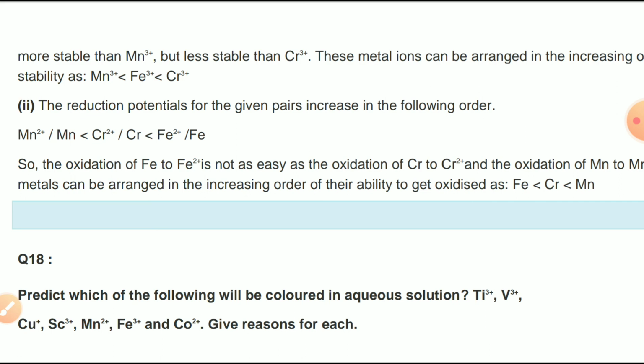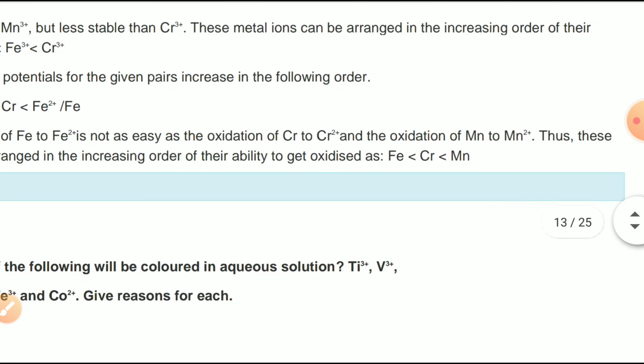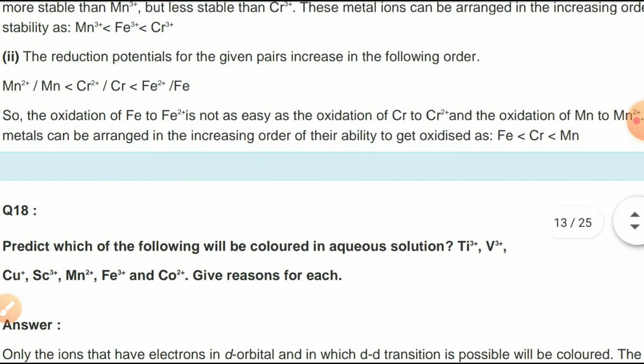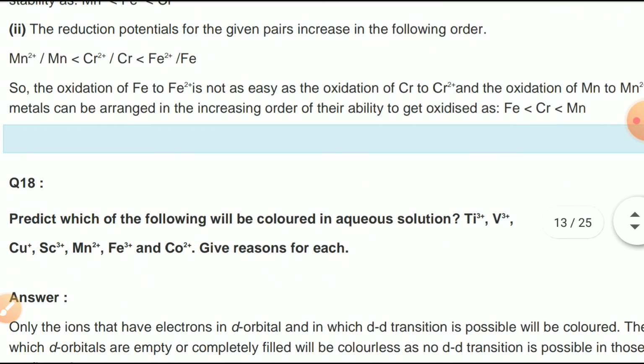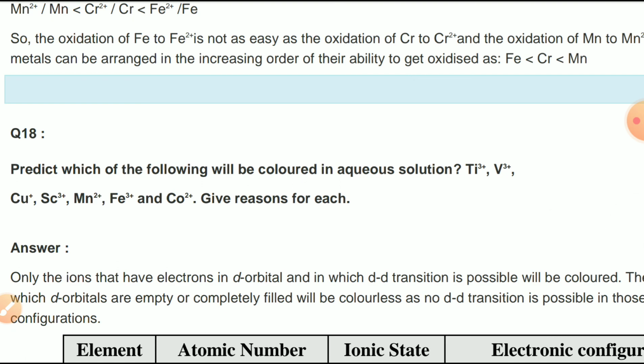So the oxidation of Fe to Fe2 positive is not as easy as oxidation of Cr to Cr2 positive and the oxidation of Mn to Mn2 positive. Thus, these metals can be arranged in the increasing order of their ability to get oxidized: Fe is less than Cr and Cr is less than manganese.